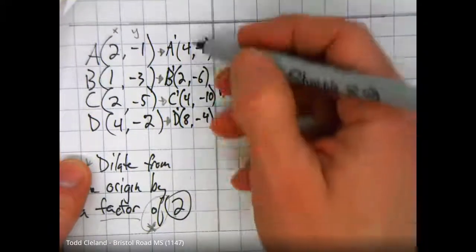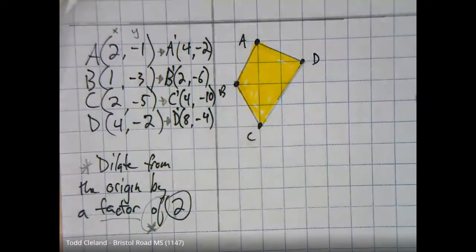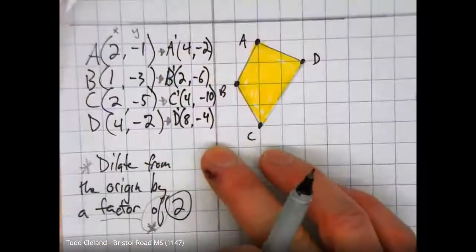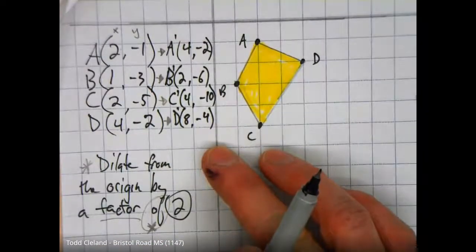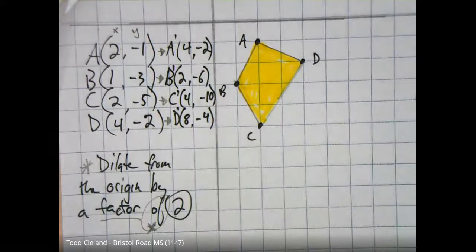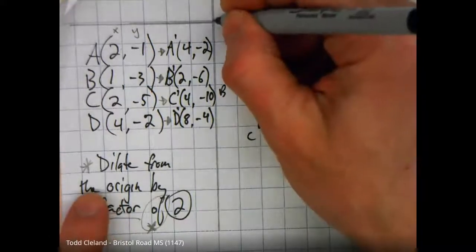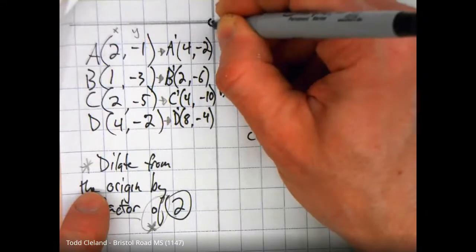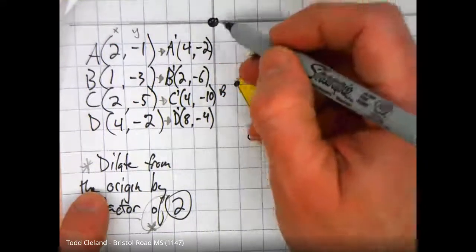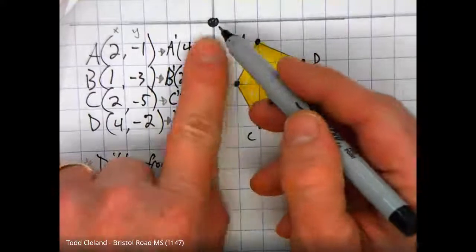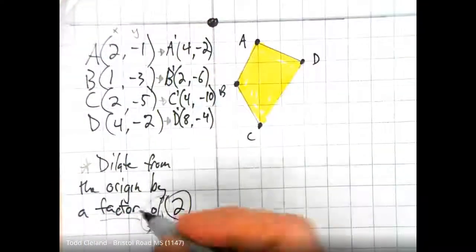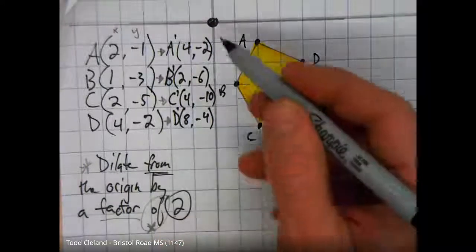And just verify all of those. Okay, now that we've got them calculated, our dilation coordinates, now let's plot our dilation coordinates. And remember, this time we are dilating from the origin. So it's going to be dilated out by a factor of 2 from the origin.